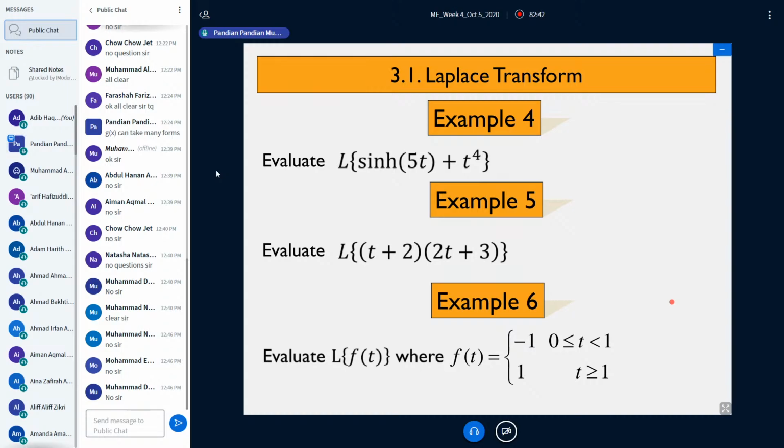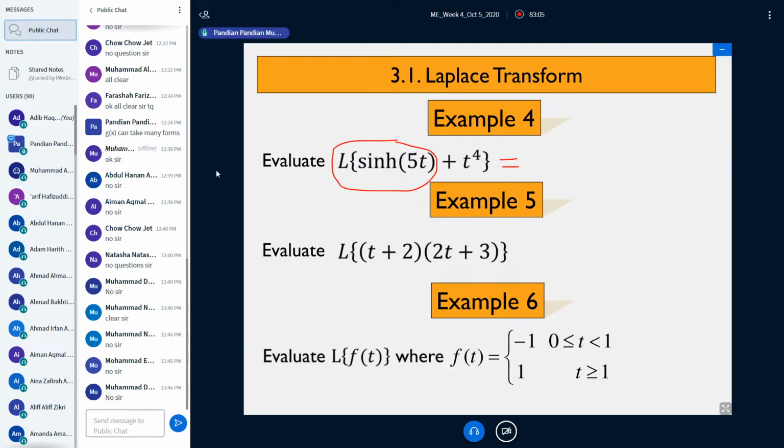You take out a piece of paper and write down. So we want to find the Laplace of sinh 5t first. Write down: equals Laplace of sinh 5t.